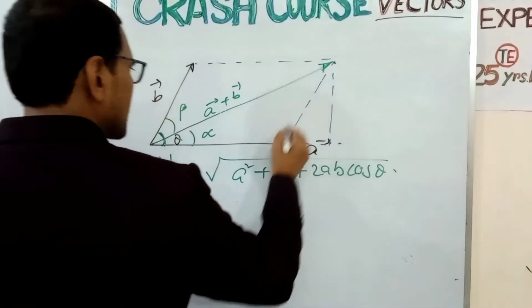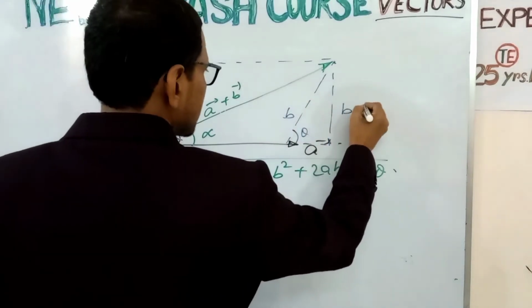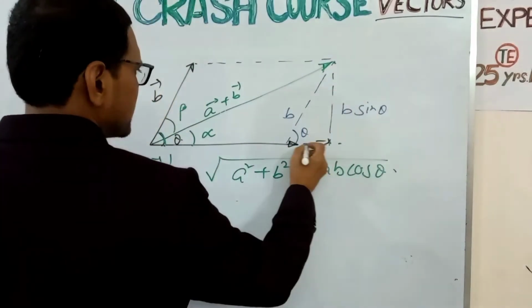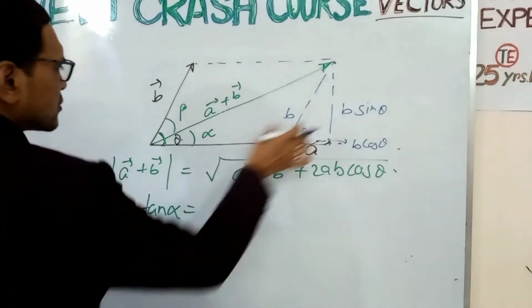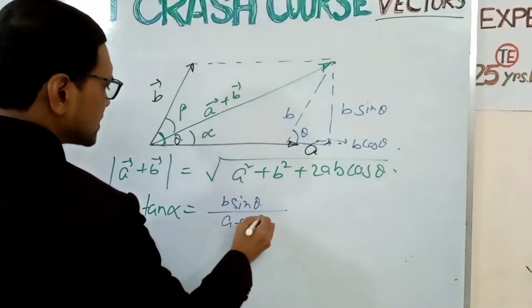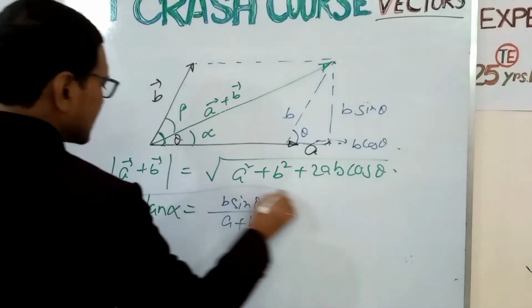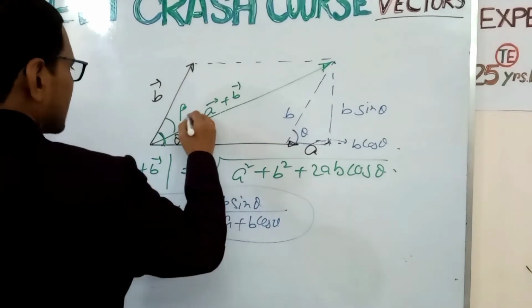If we draw a perpendicular and this angle is theta, then this is b sin theta, and this side is b cos theta. Now tan alpha equals perpendicular by base, so b sin theta by a plus b cos theta. This is the direction of the resultant of the vector a plus b.